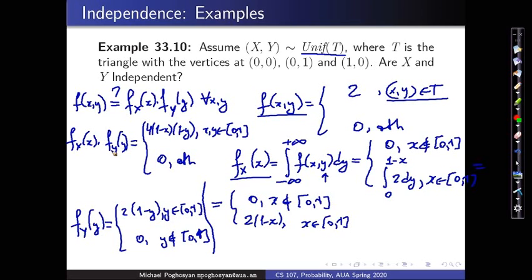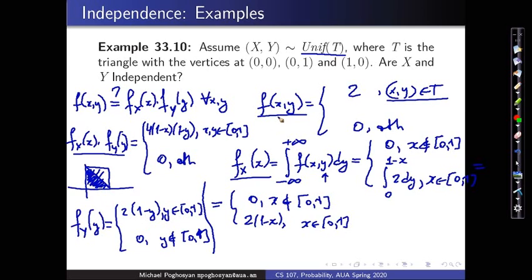So even the range where f is 0 is not coinciding with the range where this product is 0. Say this product is non-zero in the square [0,1] by [0,1]. So this is where my product is non-zero, and my joint PDF is non-zero only in this triangle.